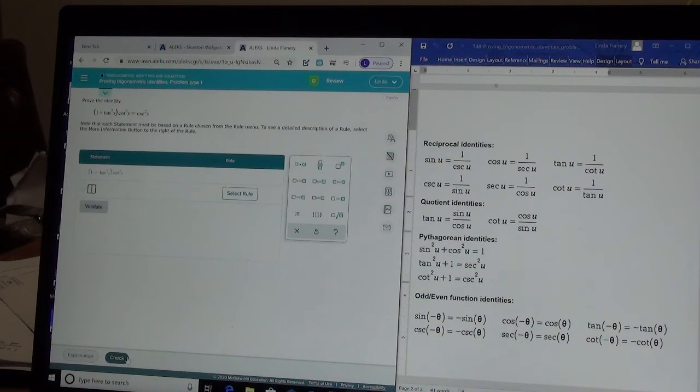Okay, so I have 1 plus tangent squared times cotangent squared equals cosecant squared of x. I'm again going to look at the part in the parentheses. When I have the 1 plus something, that's usually one of my Pythagorean identities, which in this case, the tangent squared plus 1 is equal to the secant squared. So I'm going to go ahead and put secant squared of x in for the 1 plus tangent squared of x.